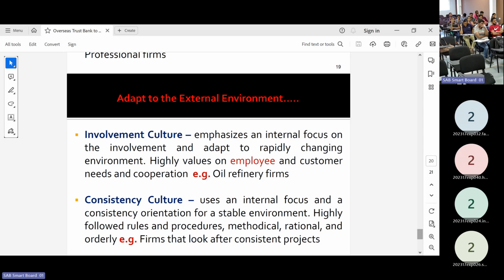The last one, consistency. It uses an internal focus and a consistency orientation for a stable environment. Very independent, highly follow rules, procedures, methodical, rational, bureaucratic, orderly.